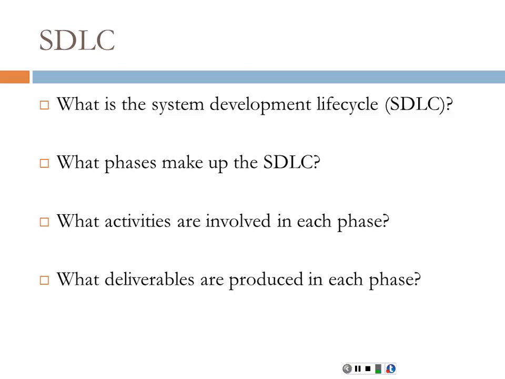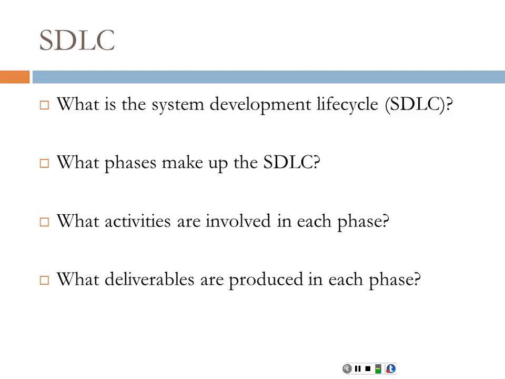There's a planning phase that comes at the very beginning, and it has outputs or deliverables that feed into an analysis phase. The analysis phase then has some set of activities that culminate in deliverables for the design phase, and the design phase then provides inputs into the implementation. And the output of the implementation then is that final system that gets put in place and is deployed.